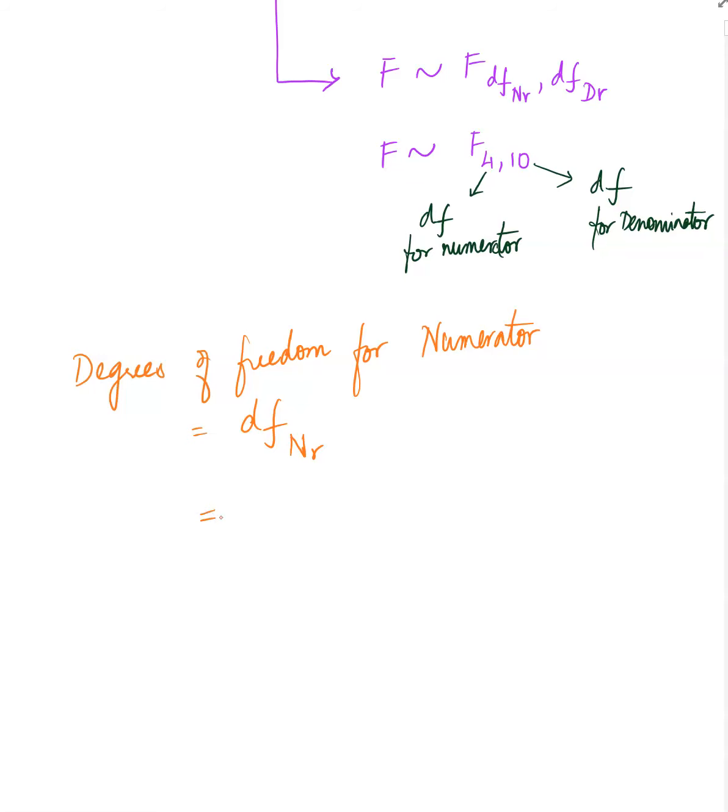The formula is k minus 1, where k is the number of groups.